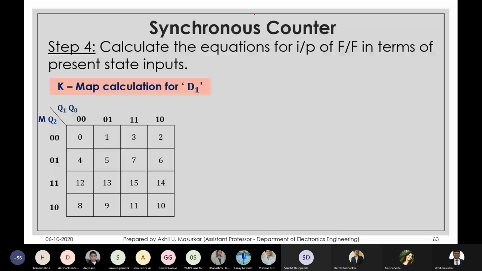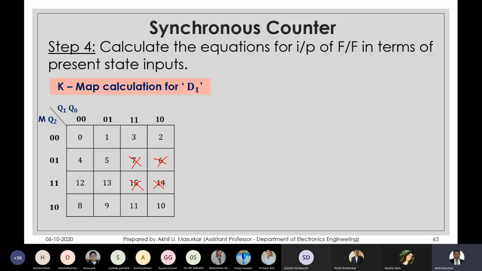Can somebody unmute and tell me at which positions you will have ones? I know 7, 6, 14 and 15 are don't care. Which other positions will you get zeros and ones?